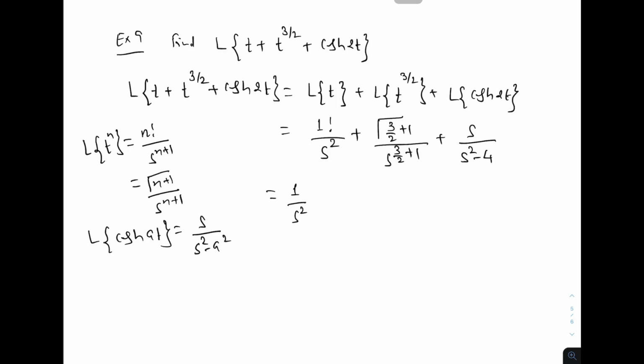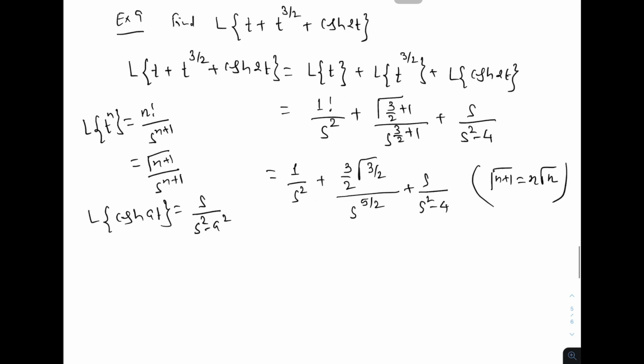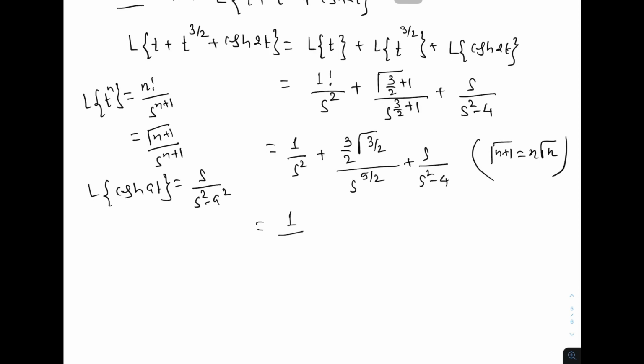Now we know gamma n plus 1 equal to n gamma n. So this is equal to 3 by 2 gamma 3 by 2 over s power 5 by 2 plus s over s square minus 4. So this is 1 over s square. Now again gamma 3 by 2 can be written as gamma 1 by 2 plus 1.